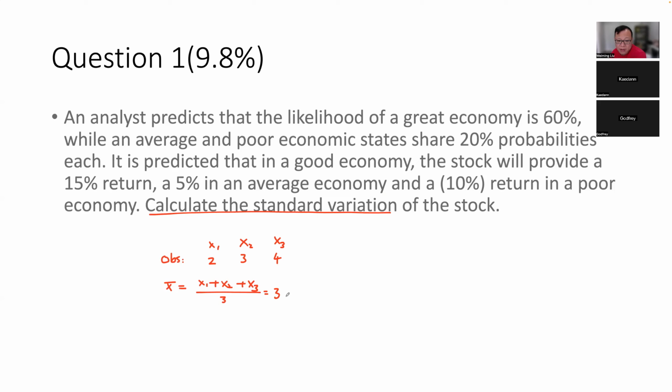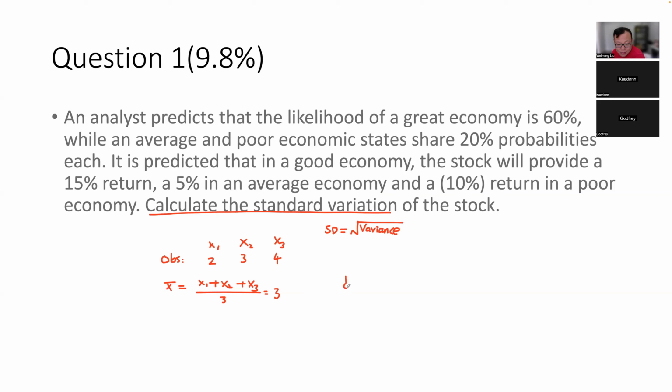So to calculate standard deviation, you first need to calculate the variance, because standard deviation equals the square root of the variance. So how do you calculate the variance? I guess I can write down the formula.